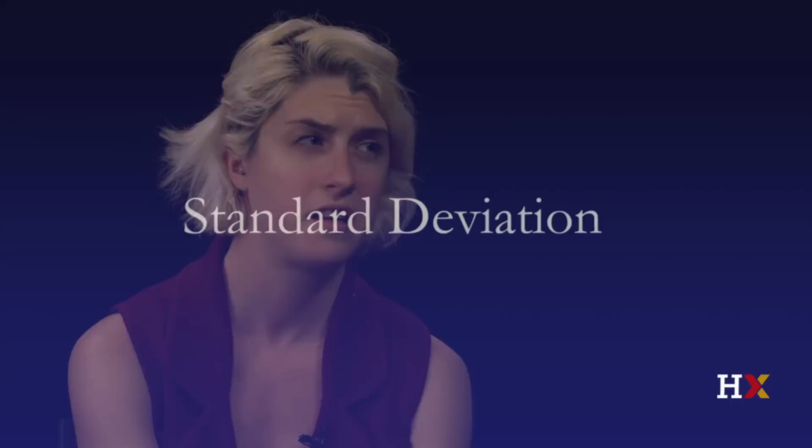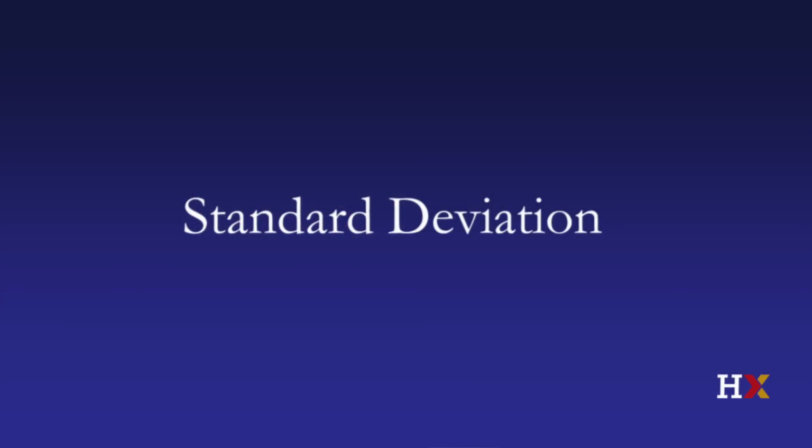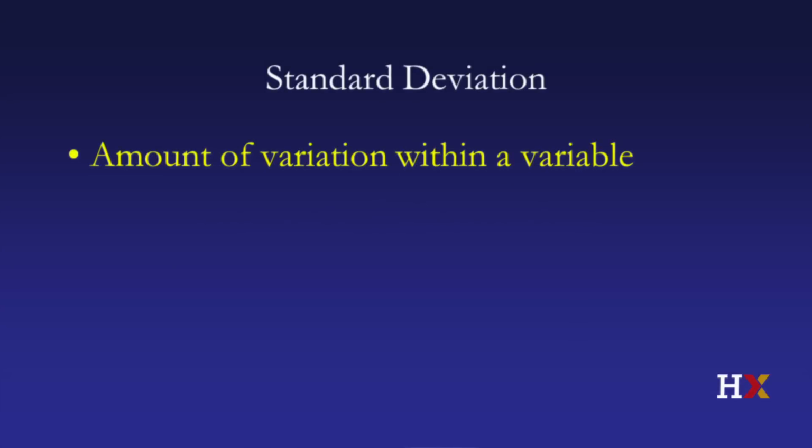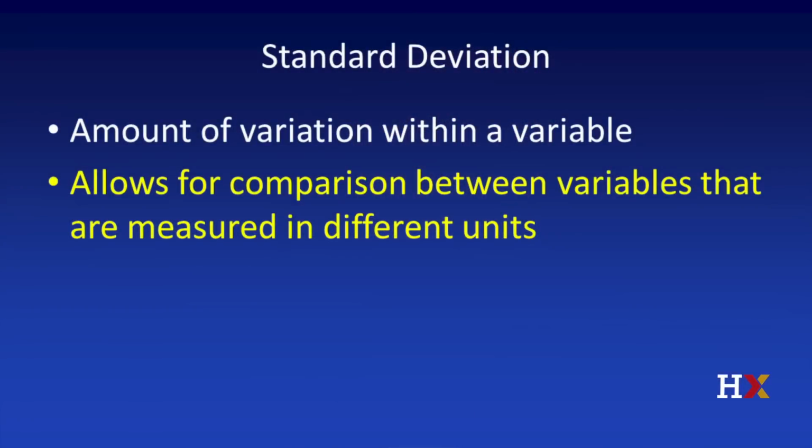Okay, so what is a standard deviation? Well, that's a little bit more complicated. It is essentially the amount of variation in the variable. It's how much dispersion there is around the average value within a population. Standard deviations are useful because you can compare different variables with one another even though they are ordinarily measured in different units.